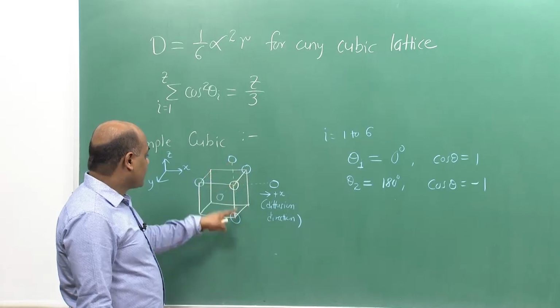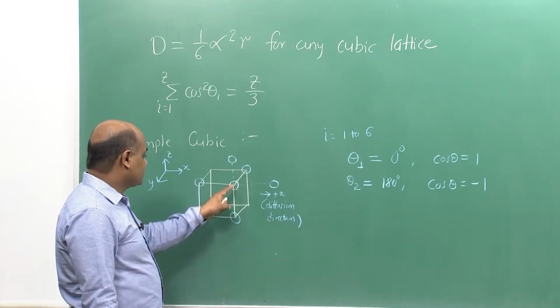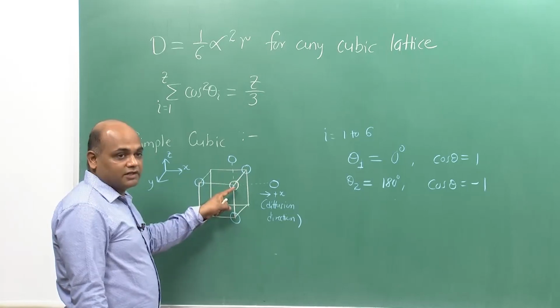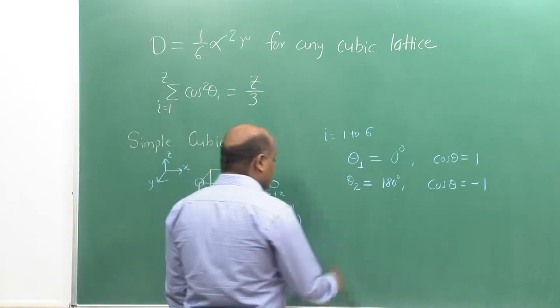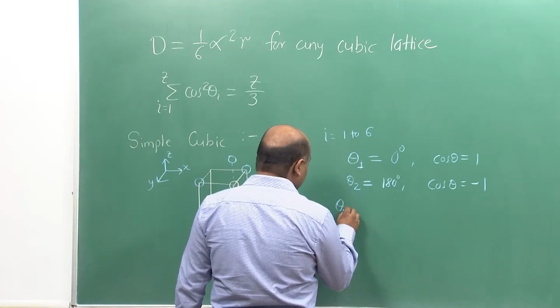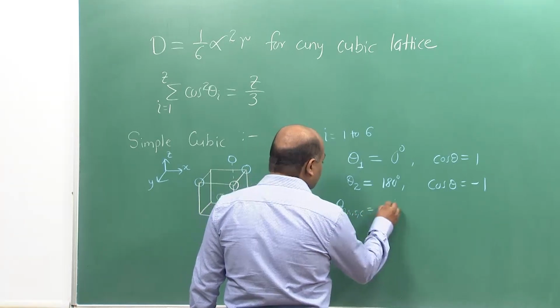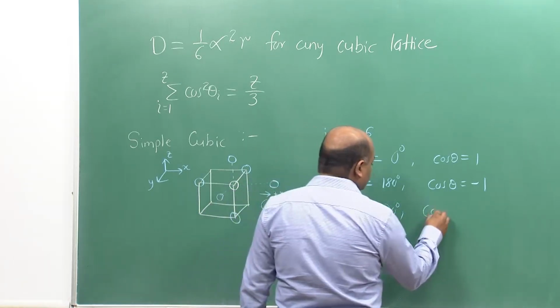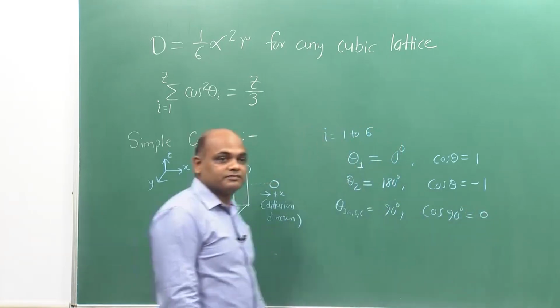Then these 4 atoms, if these are the jump vectors 1, 2, 3 or 4, they are all making an angle of 90 degrees with the diffusion direction. So, theta 3, 4, 5, 6, they are all 90 degrees. So, cos 90 is 0.